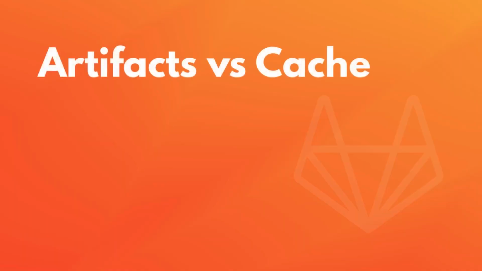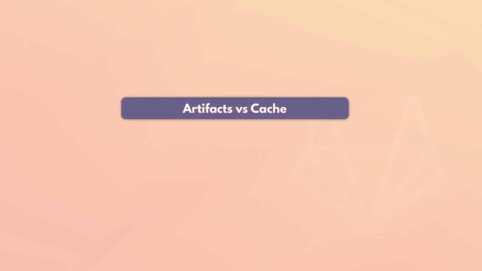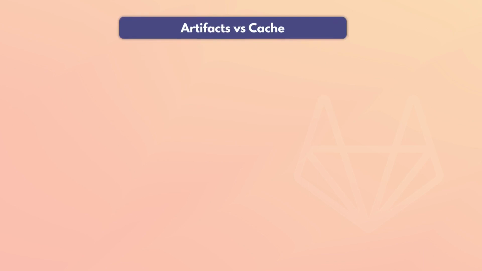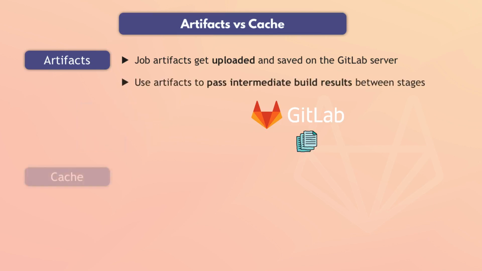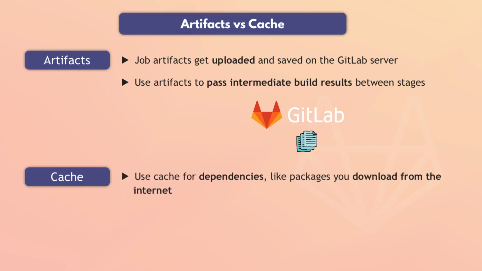So what's the difference between how artifacts and cache work? As I mentioned, artifacts get uploaded and saved in the GitLab server and made available for following jobs. And it's used to pass artifacts to the following jobs. Cache, on the other side, is used to store runtime dependencies that the project needs and is passed between jobs in any direction.